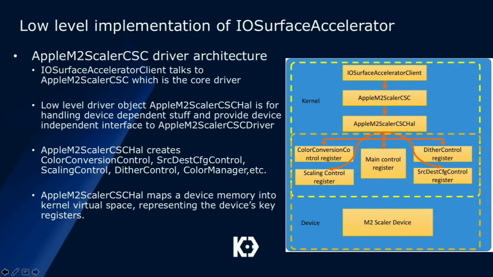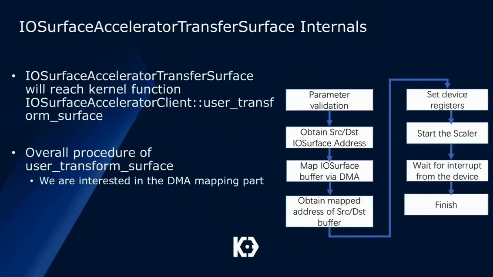The latter handles the device-dependent stuff and provides the device-independent interface to the driver. This whole object also creates 5 important objects, which stand for some important registers for that device. That object also maps device memory from the device I/O space into the kernel virtual space via DMA, and represents the device key registers.